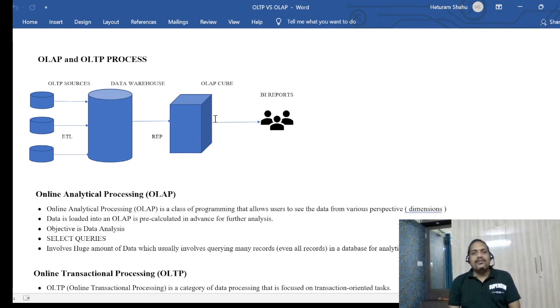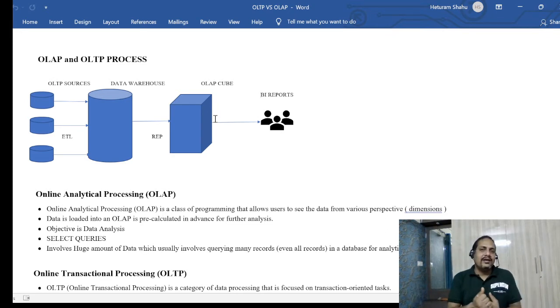If somebody wants to aggregate the data branch-wise, to see how much profit the bank has made branch-wise, or maybe city-wise. I have 10 cities in India, and my bank is in those 10 cities, in multiple locations.